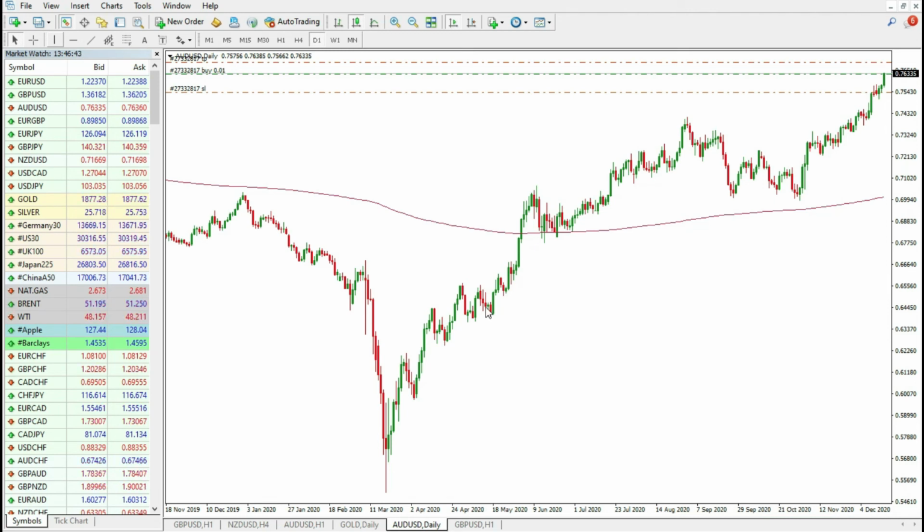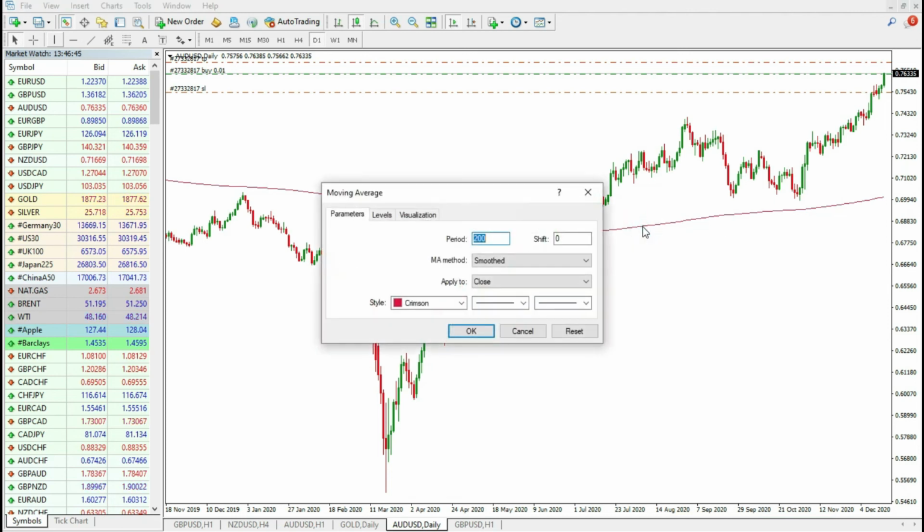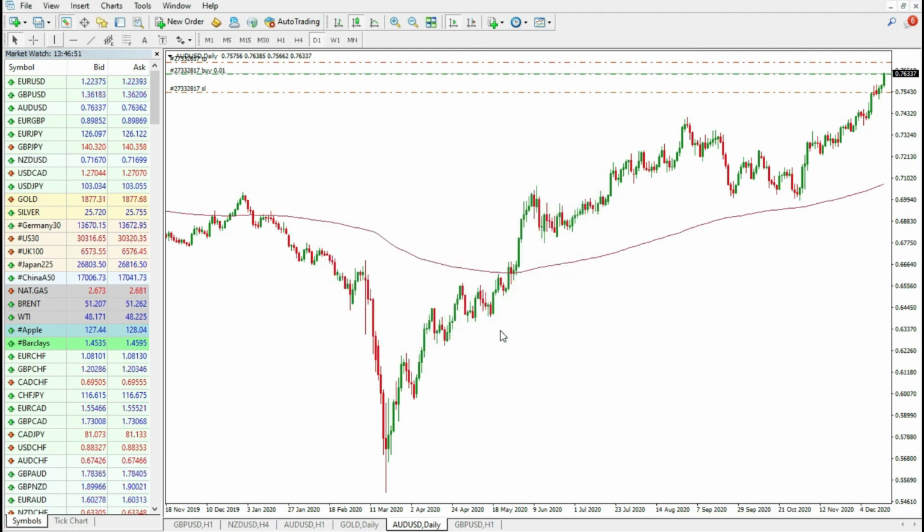However, there is one very important moving average that I just want to tell you about, exponential or simple. It's 200. The 200 moving average is a very important price level, and a lot of big corporations, big dogs use that in analysis.